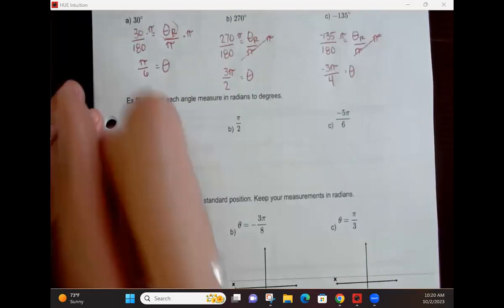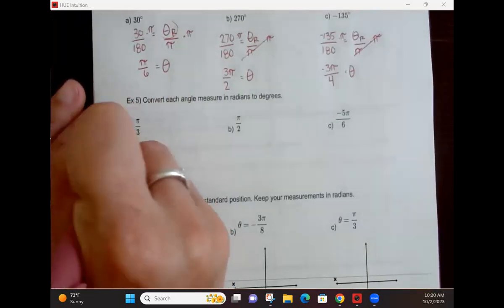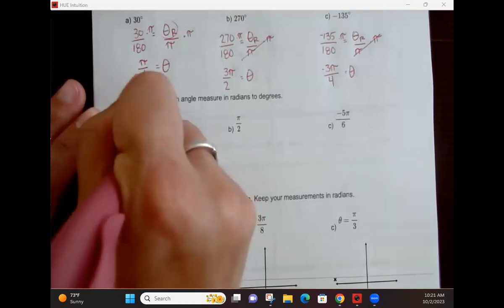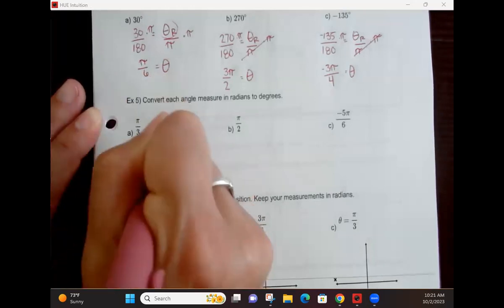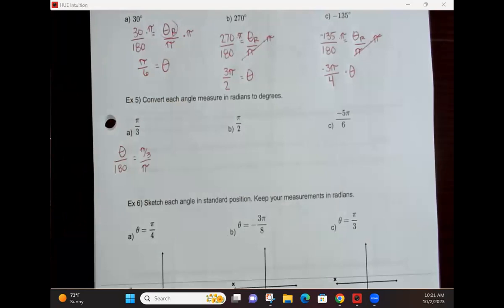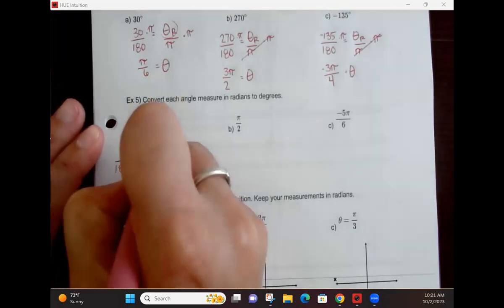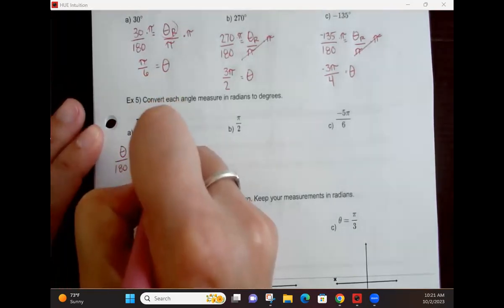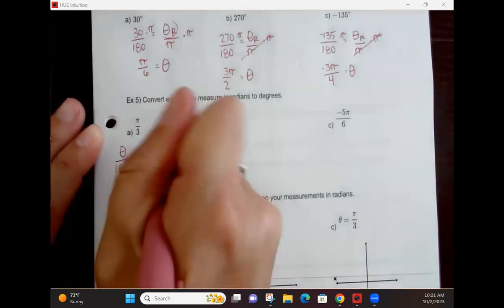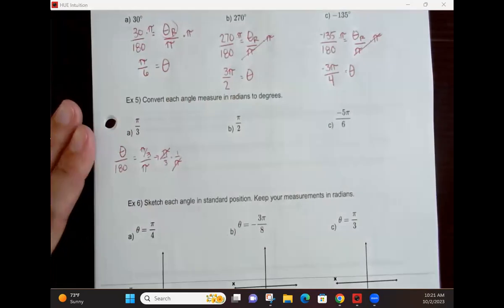I'm going to use the same proportion. So this time I want degrees. So theta over 180 equals pi over 3 over pi. When I'm dividing a fraction by something, this would be pi over 3 times 1 over pi, which means we don't have pi anymore. We have 1/3.